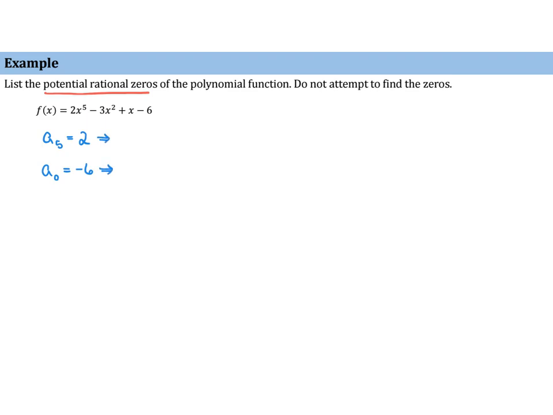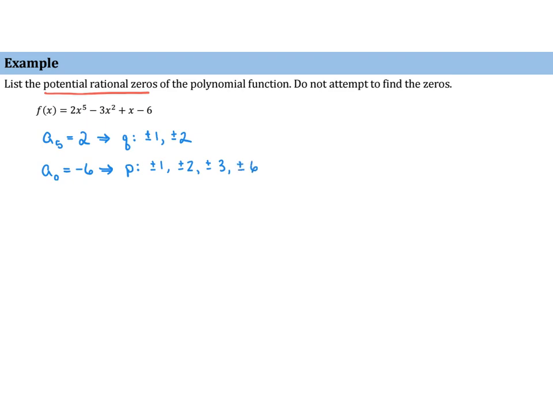The factors of our leading coefficient we'll call q. So what are the possible q values? q are any factors of 2. So plus or minus 1, plus or minus 2. That's right, we're including any negative values also. And then p will be any factors of negative 6. So plus or minus 1, plus or minus 2, plus or minus 3, plus or minus 6.